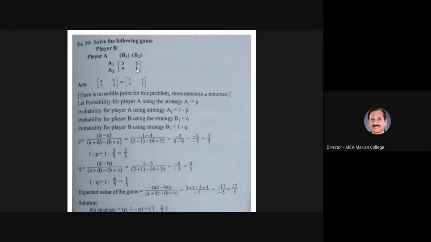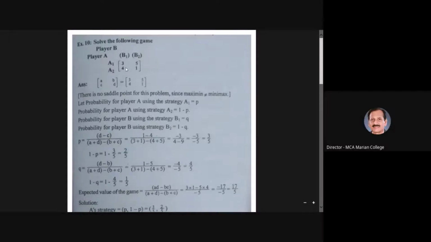Then if you take the maximum of the minimum values, that means the maximum of 3 and 1, it is 3, whereas minimax is the minimum of the maximum values, the minimum of 4 and 5, it is 4.